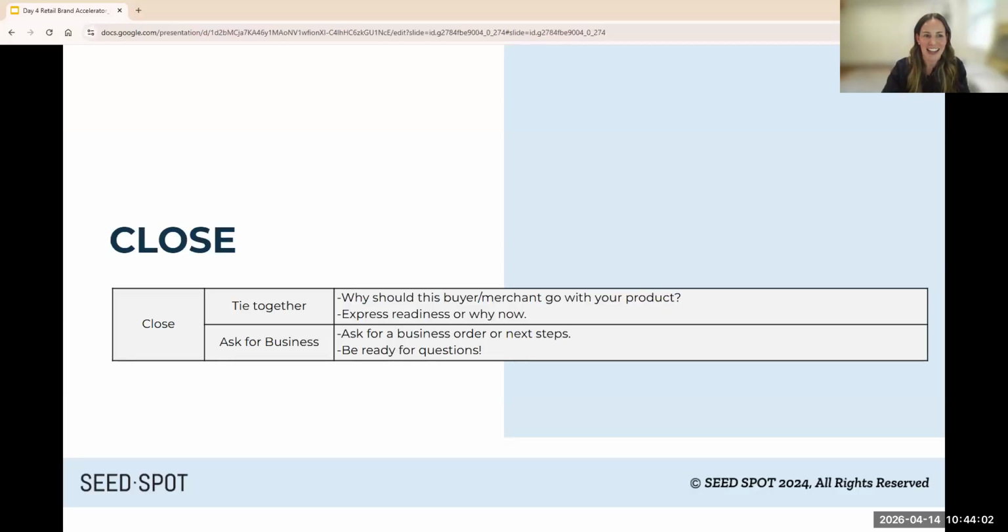So again, at this point, you want to make sure that you've left time for questions. As I just said in the last slide, sometimes they have operational questions which lead them to say no, and you want to give them time to talk through that and ask you all the details of what they're concerned about so that you can reassure them and they can get to a yes. So yeah, I think that's pretty much it.